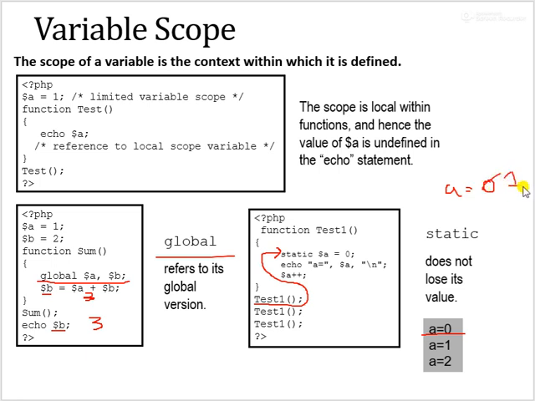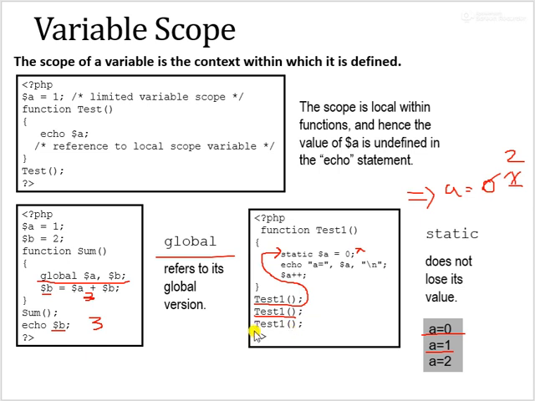Okay, and then the function finishes its execution. We come back and return here to this statement. When test1 is executed the second time and we go to this static statement, we already have a in the memory, so it will not be declared or initialized again. So this statement will be ignored the second time. Echo a is equal to 1, this will display on screen, and a plus plus, a will change to 2.